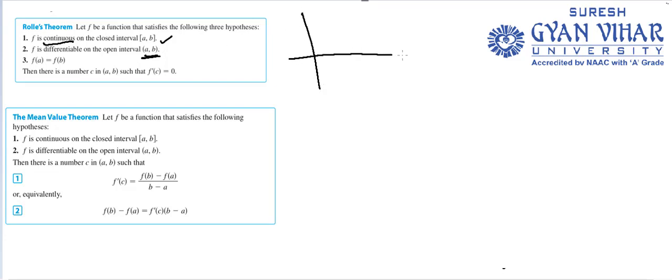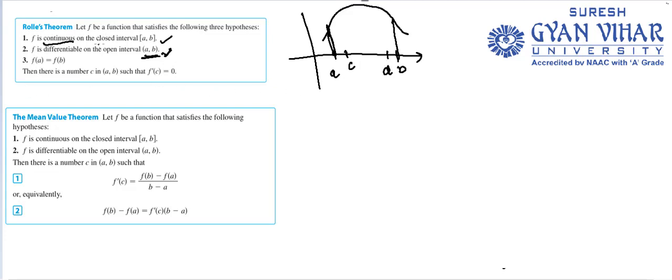Closed interval means it should be continuous from a to b, so it should be continuous at a itself, right? It should be differentiable on the open interval, which means you can exclude a and b.